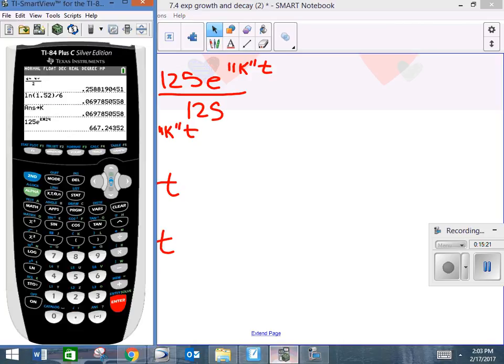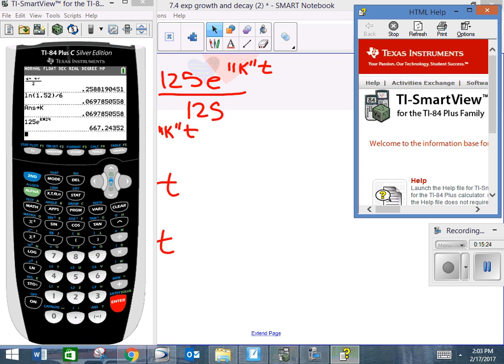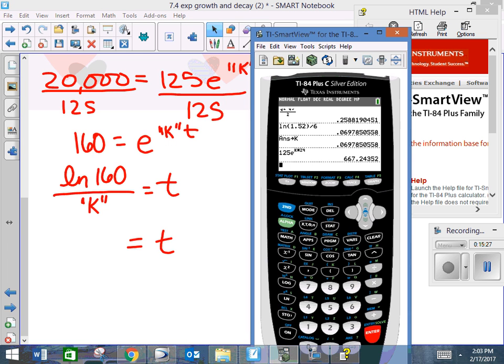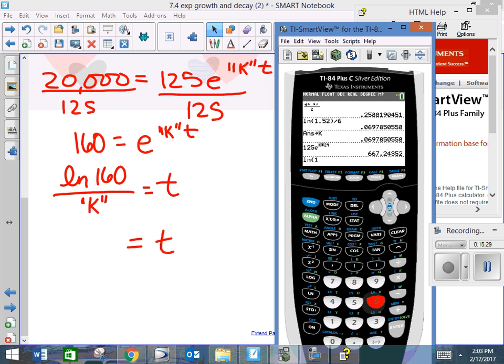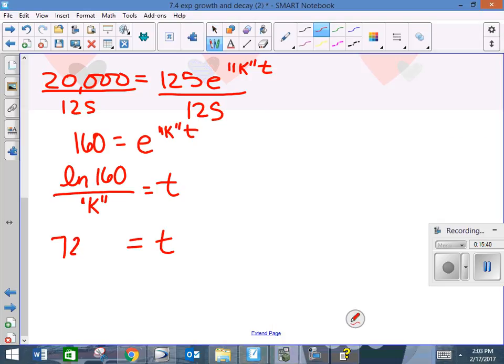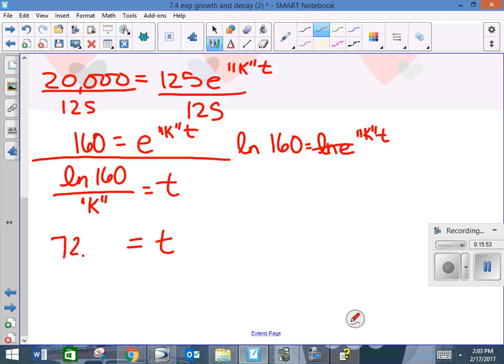So, let's see. ln 160 divided by alpha K. How did you get the ln of 160 over K? Right here, you take the ln of both sides. And then that becomes KT equals ln of 160.